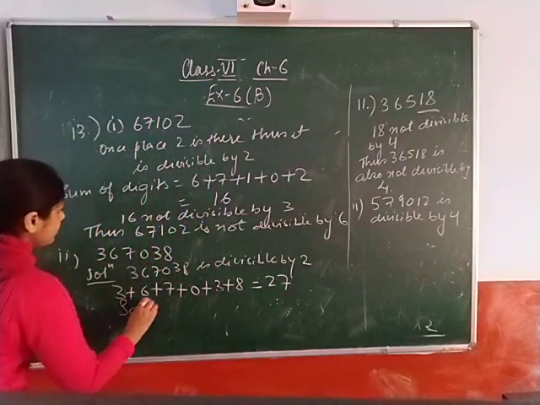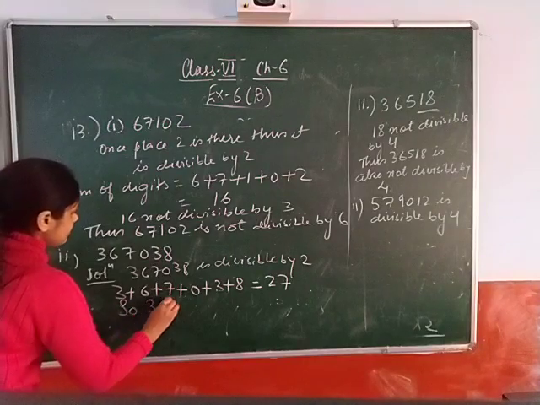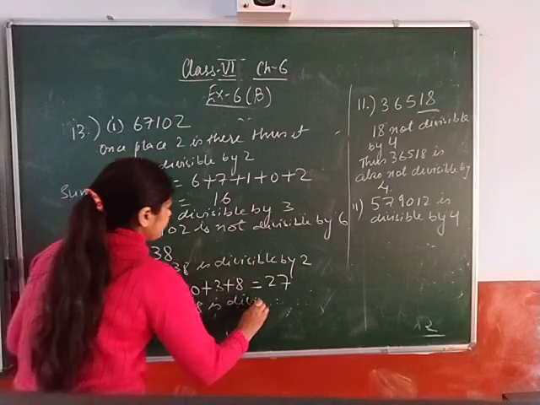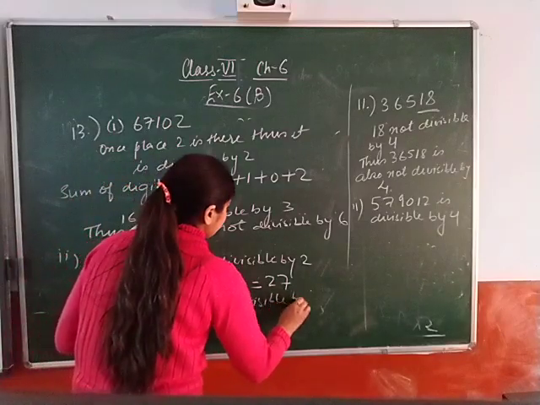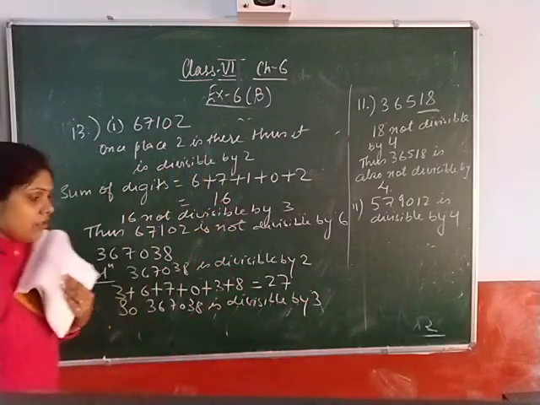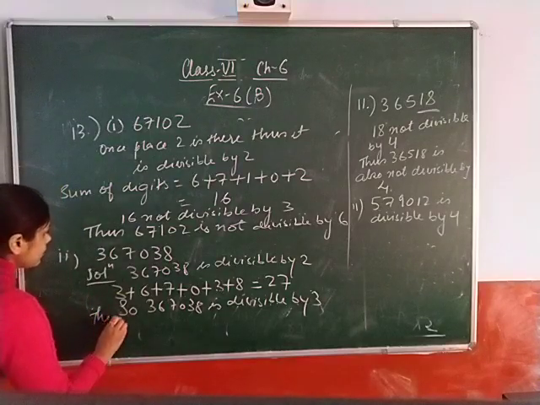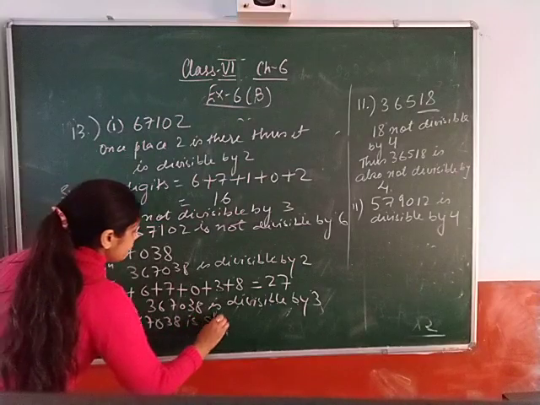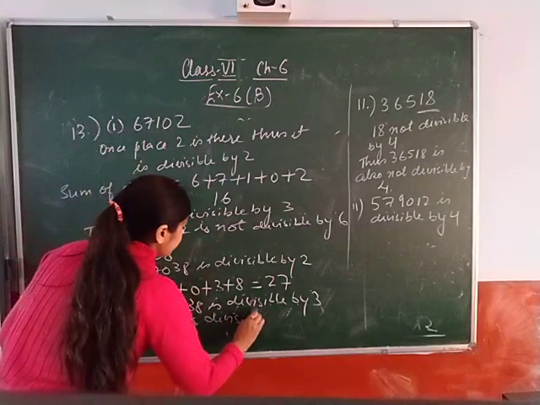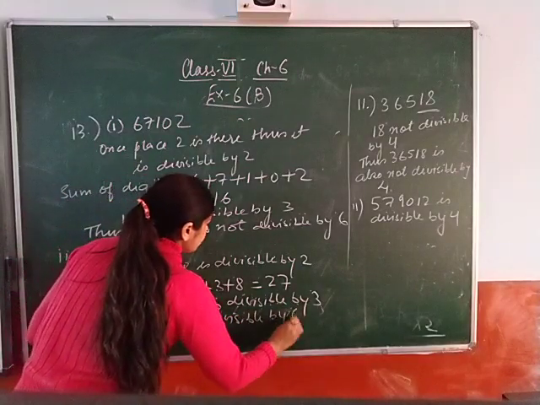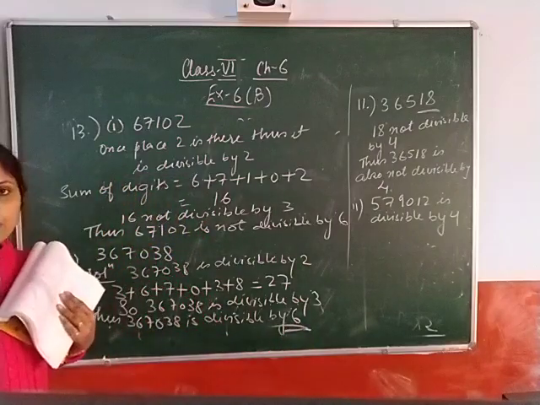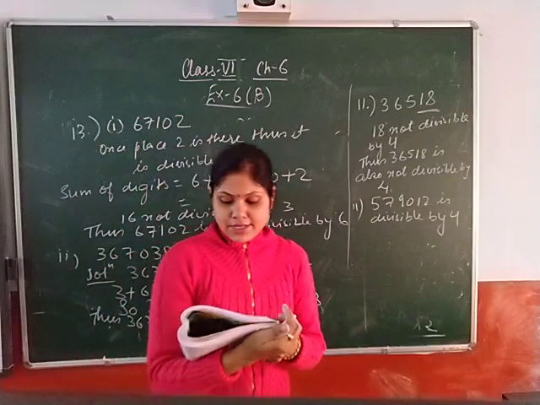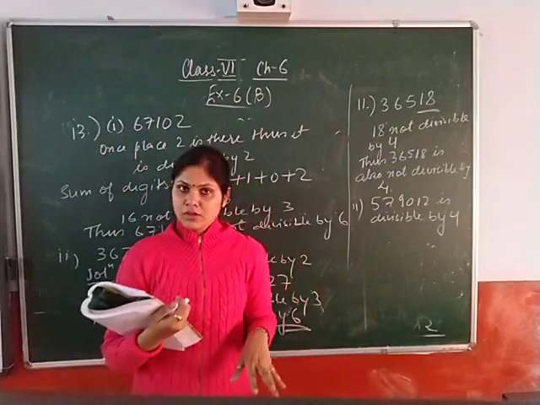So 3, 6, 7, 0, 3, 8 is divisible by 3, because 27 is divisible by 3. Thus it is divisible by 6, because it is divisible by both 2 and 3. Okay, the 7th one you do on your own. Okay, check it.